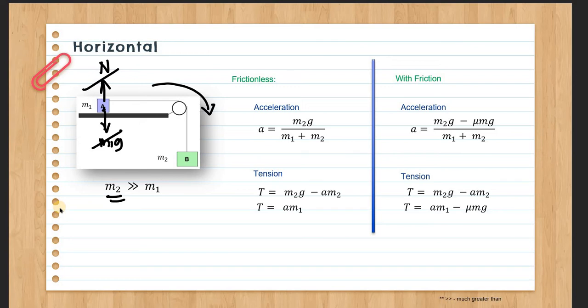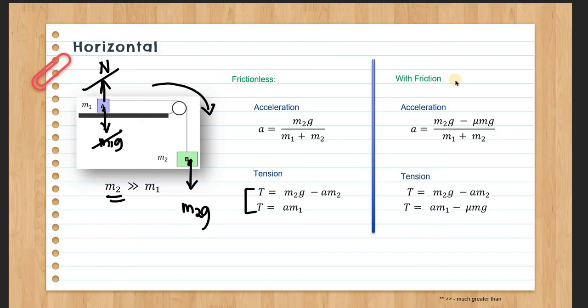So, mag-cancel out na rin yun. So, yung only force na nag-act dito sa object is M2G. Right? So, yun na lang yung force. So, the summation of forces over mass. So, force is M2G all over M1 plus M2. And then, this is your equation for tension.